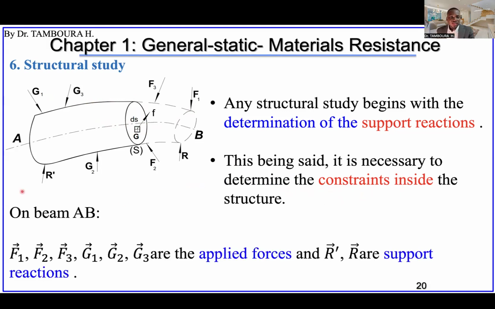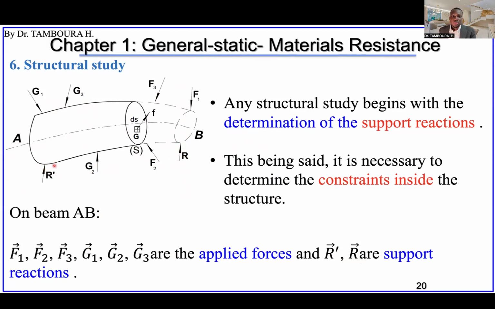Okay. So if we take this AB, this beam AB, the forces F1, F2, F3, G1, G2, G3, these forces are the applied forces, external applied forces. However, R prime and R here, these are the reaction forces, the support reaction. Let's say, for example, you have here a column, here also a column.